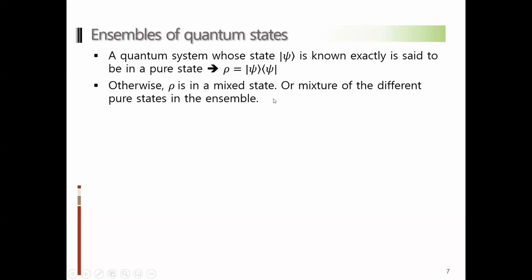And how can you quickly determine whether a given density matrix represents a pure state or a mixed state? There is a very simple formula. If you just square the given density matrix and calculate the trace, then for a pure state the trace of the square of the density matrix will always be 1, while for a mixed state it cannot be 1.